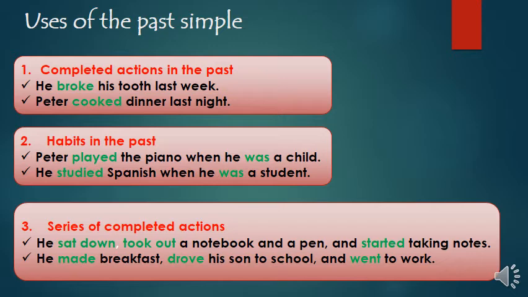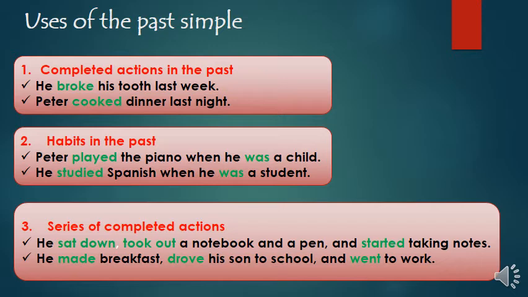He sat down, took out a notebook and a pen, and started taking notes. So here we have three actions: sat down, took out, and started. So this is a series of completed actions.